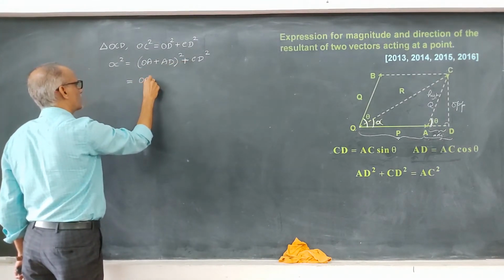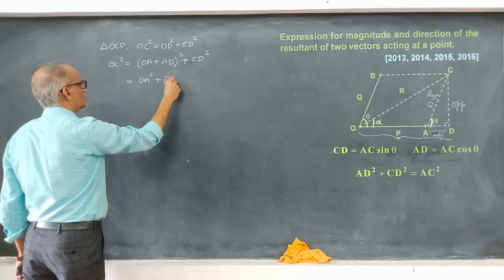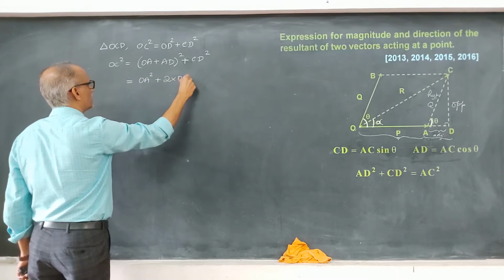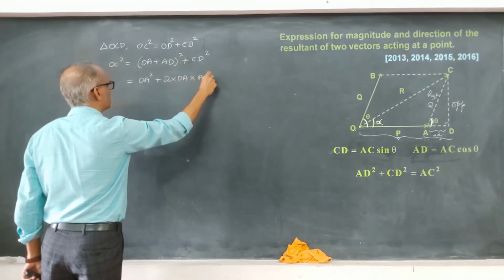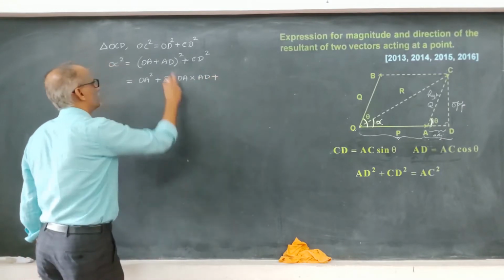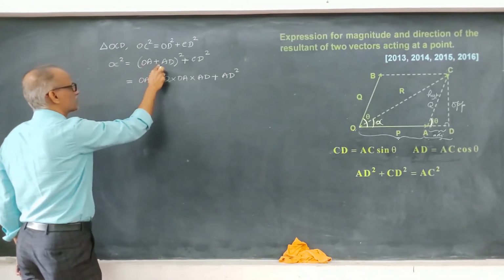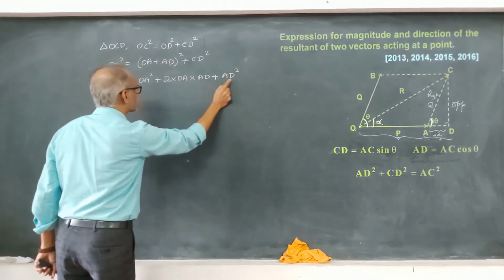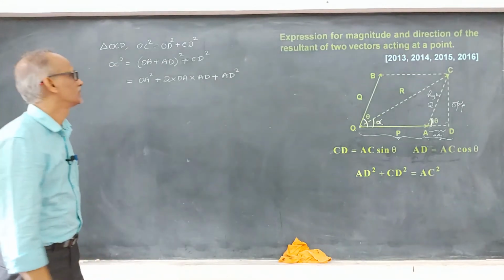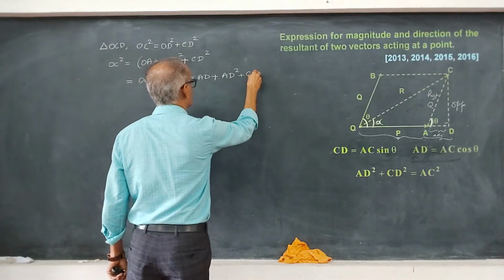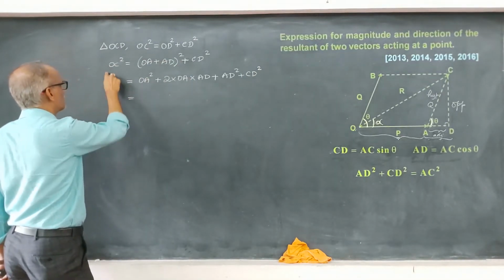First one, a square plus 2ab plus b square. a plus b the whole square is equal to a square plus b square plus 2ab, correct? Same thing, right? Plus CD square. So that is OC square.